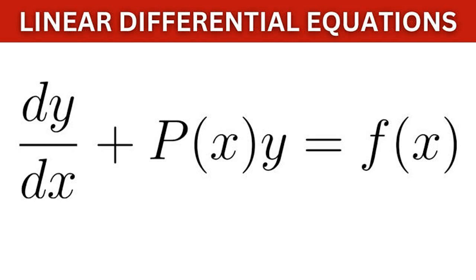The partial derivative of the dependent variable with respect to the independent variable should be equal to the partial derivative of the independent variable with respect to the dependent variable. They must give you the same value for them to be exact. If the two values are not equal, then they are not exact. It can be 0, 0, it can be a factor of 2, something, just anything, but they must be equal at the end of the day for you to declare it exact, right?